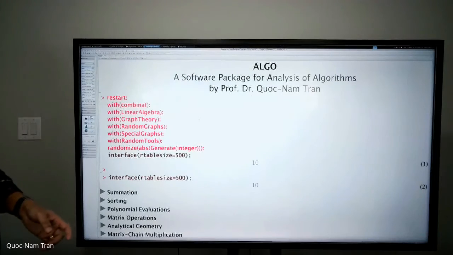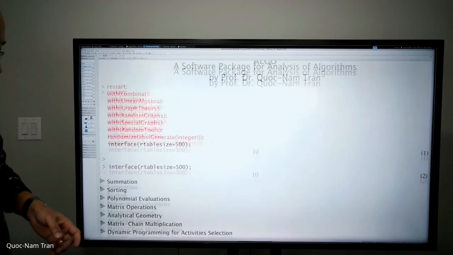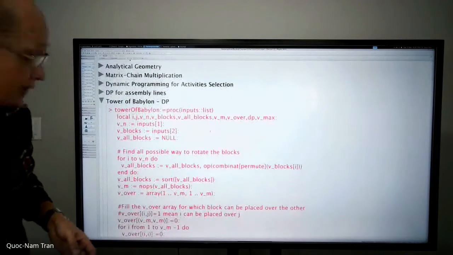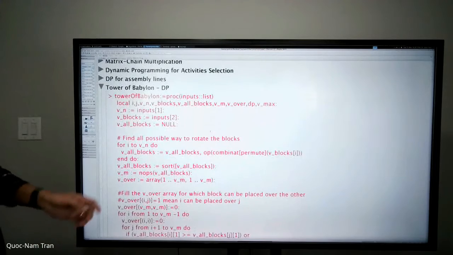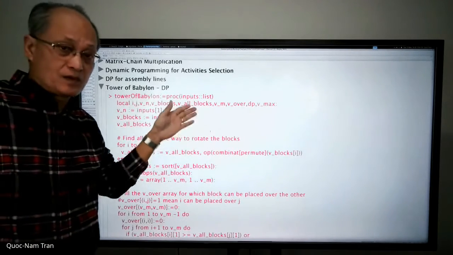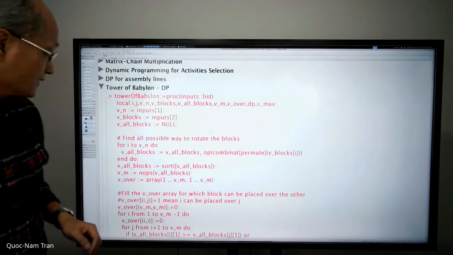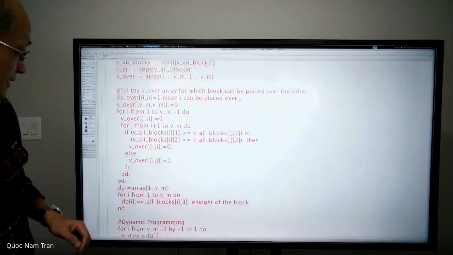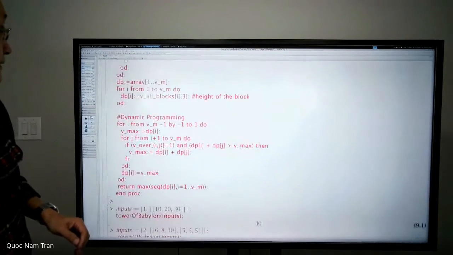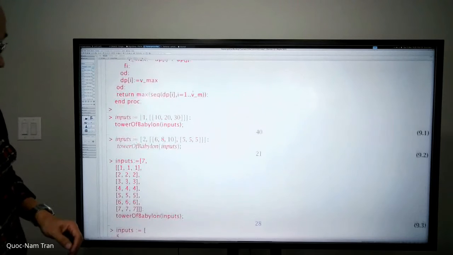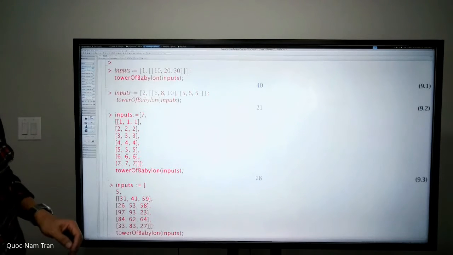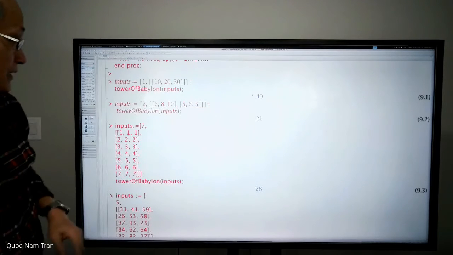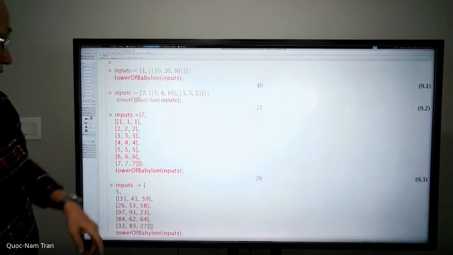Okay, so let me run through this one. Here's the Tower of Babylon we have, right? And the implementation is just what we discussed in class. All right, so let's see what we have here. On the inputs we have on the question sheet, it's correct.